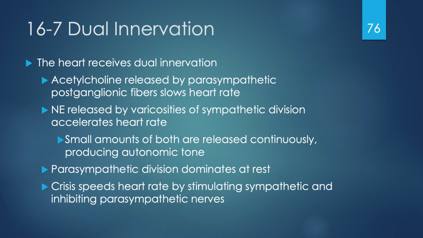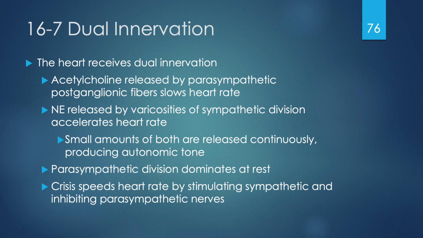So when the heart receives dual innervation, it's going to be receiving acetylcholine that's released by the parasympathetic postganglionic fibers, and the parasympathetic division is going to slow the heart rate to wind things down to relax. And norepinephrine that's released by the varicosities of our sympathetic division is going to have the opposite effect. So it will accelerate our heart rate and speed things up.